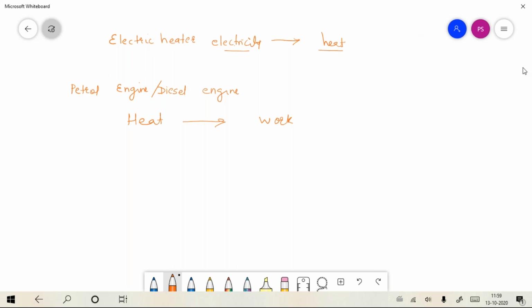There are two questions. One is, can we convert the entire amount of electricity into heat in the electric heater? This is the first part of the question.